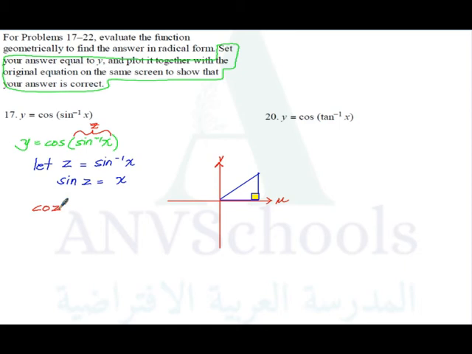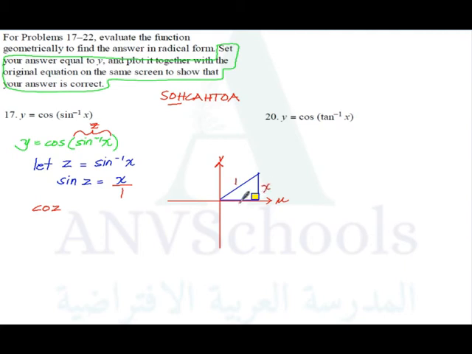Again, from the SOHCAHTOA, we would have to consider our opposite and hypotenuse. So here, sine z is equal to x, our denominator is 1, so our hypotenuse is 1. And our opposite is x.